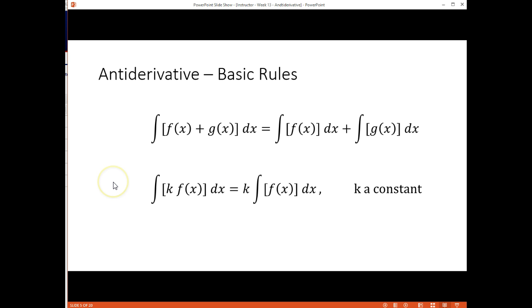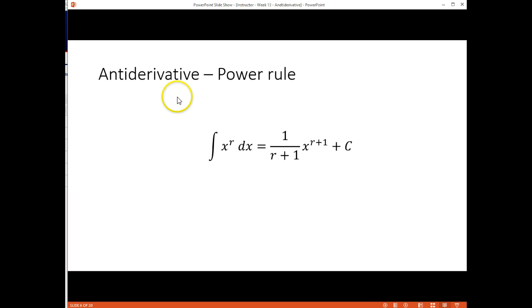Now let's start working on the real rules that we're going to be focusing on here with our antiderivatives. The antiderivative of your power rule, the integral of x to the r. So here's my base x. I have some exponent. This integral is 1 over r plus 1 times x raised to the r plus 1 power plus c. Let's just talk about this piece here first.